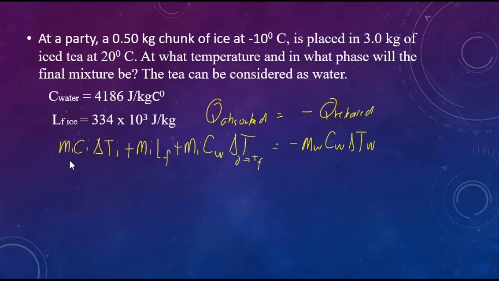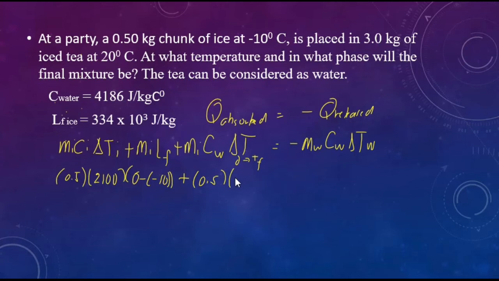So we can substitute now here. We have mass of ice is 0.5. C of ice is 2,100. T for the ice, final is 0 minus negative 10. Then plus mass of the ice, we have 0.5.